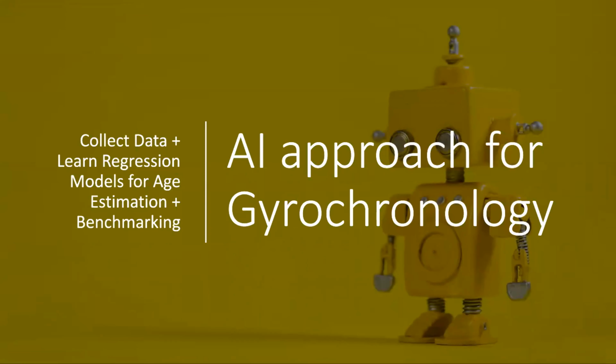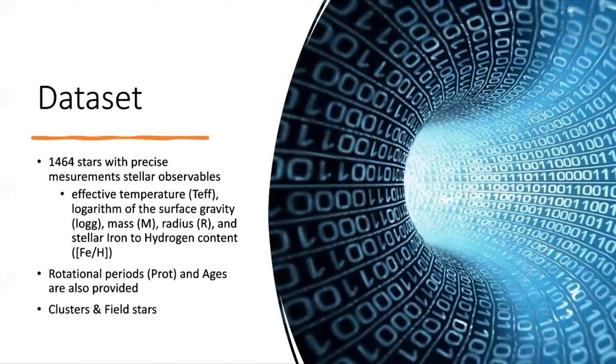We started by collecting data from stars where the age can be obtained in a very precise way. Then we started learning AI models for regression, and we did a standard benchmarking, where we compare different state-of-the-art regression methods for this new problem. This is what we present in this paper.